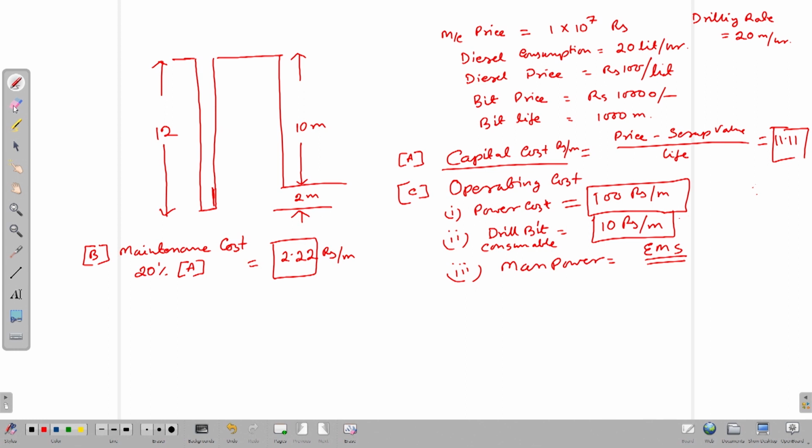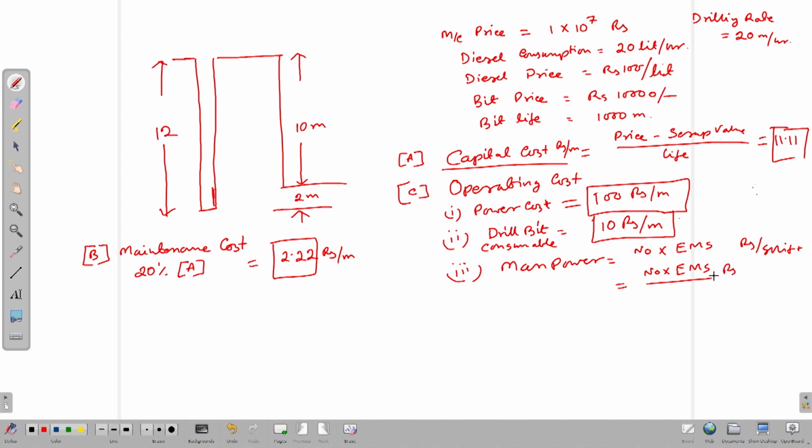So, manpower cost is basically the number of manpower into EMS, that is rupees per shift, and we have to convert it to rupees per meter. So, this is number into EMS divided by per shift production.